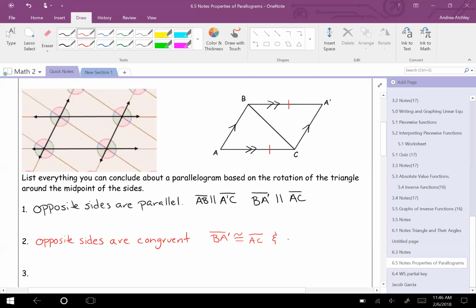And segment AB is congruent to segment A prime C. So this is congruent to this. Any questions over that?